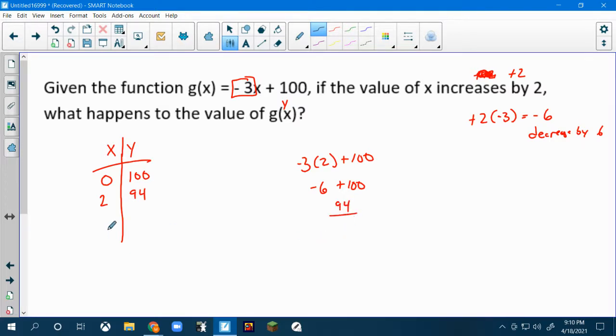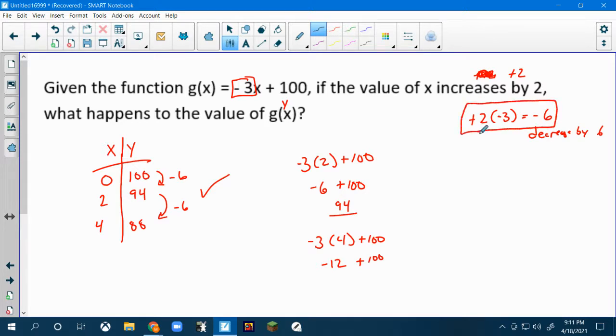Let's try 4. Negative 3 times 4 plus 100. Negative 12 plus 100 is 100 minus 12, which is 88. Did I decrease by 6? I did. Using this little shortcut really helps you out. Multiply your m by what you are doing.